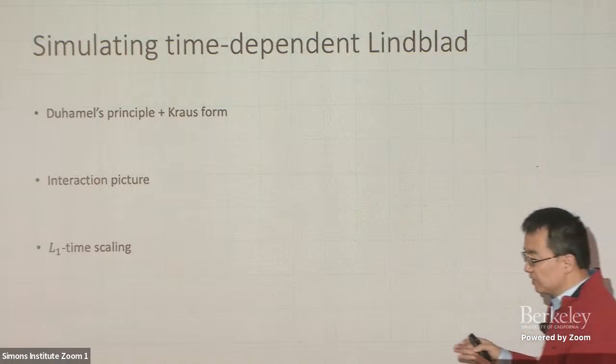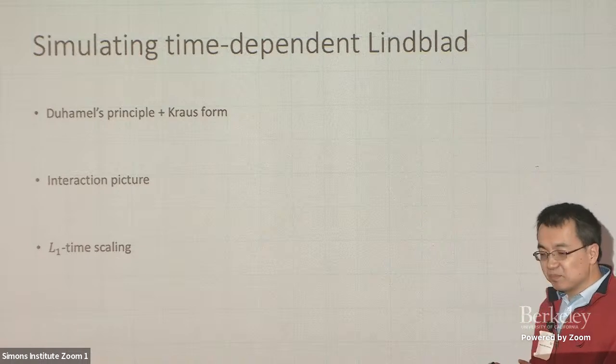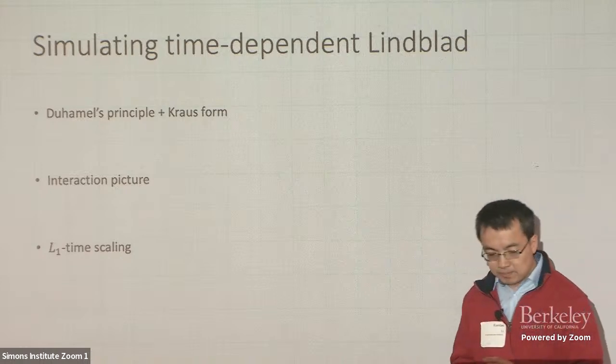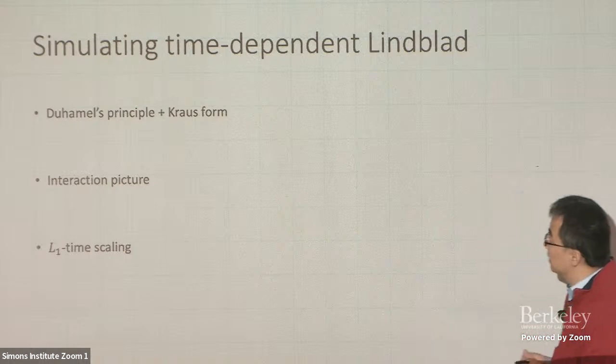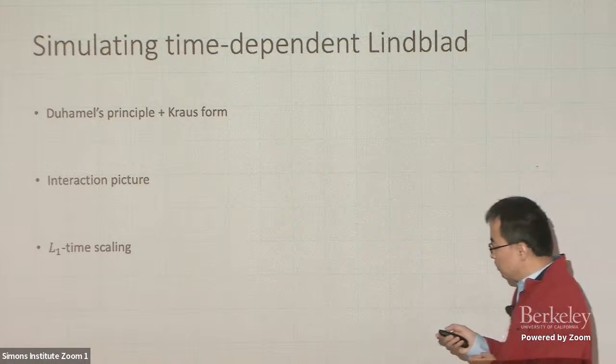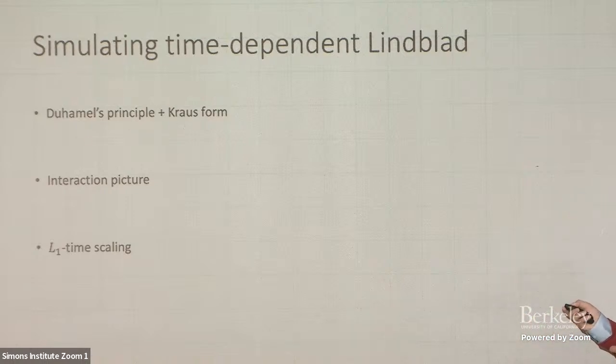But in our paper, which had five authors, we actually did a bunch of other things aside from the control problem. We tied in a quantum algorithm for simulating the time-dependent Lindblad. We extended this idea of using Duhamel's principle plus the Kraus form to the time-dependent Lindbladian case. Another thing we did is to think about interaction pictures.